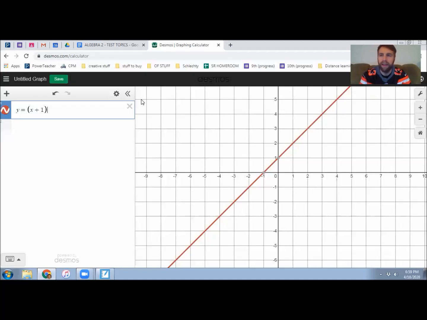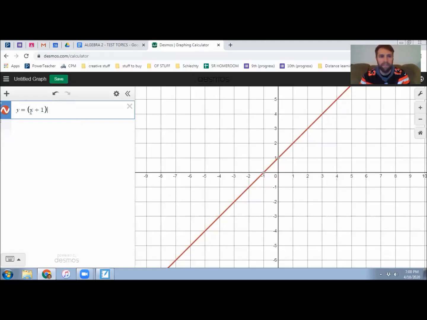Polyamorous means you can have many loves or many types of love. Monopoly is somebody who owns many companies or many things. So a polynomial has many numbers or many names or many parts to it. So right here we have an x as a number or name. We have a 1 as a number or a name. So a polynomial just has many parts or names or numbers to it.